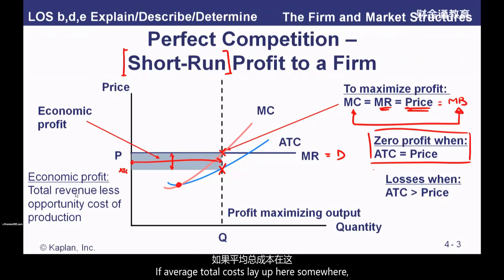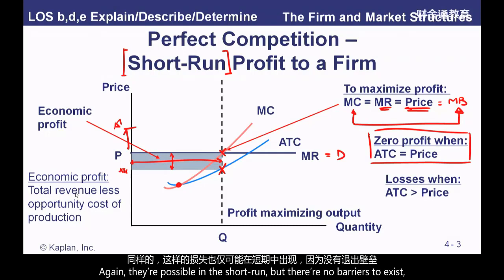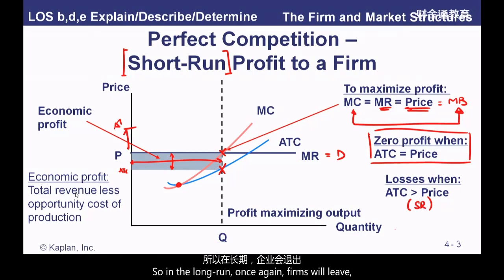If average total cost lay up here somewhere, and you were looking at that, then you'd add economic losses. Again, they are possible in the short run, but there are no barriers to exit, so in the long run, once again, firms will leave and you'll end up back at zero economic profit.